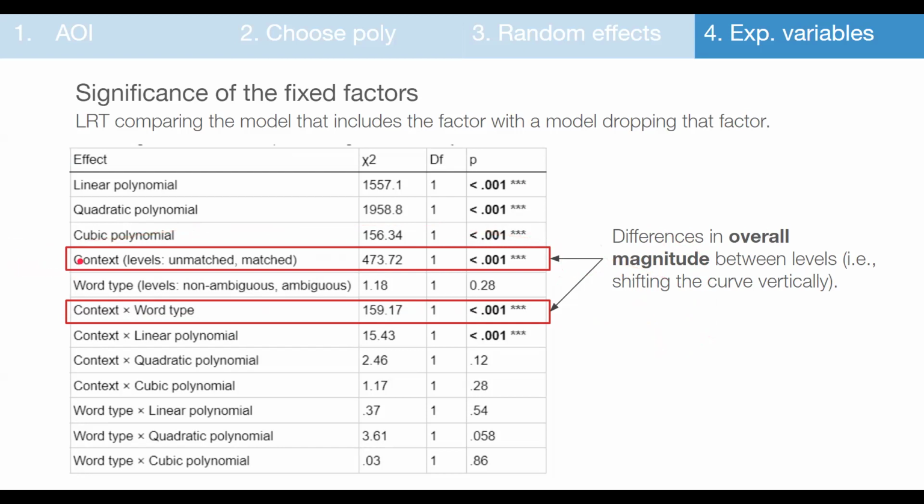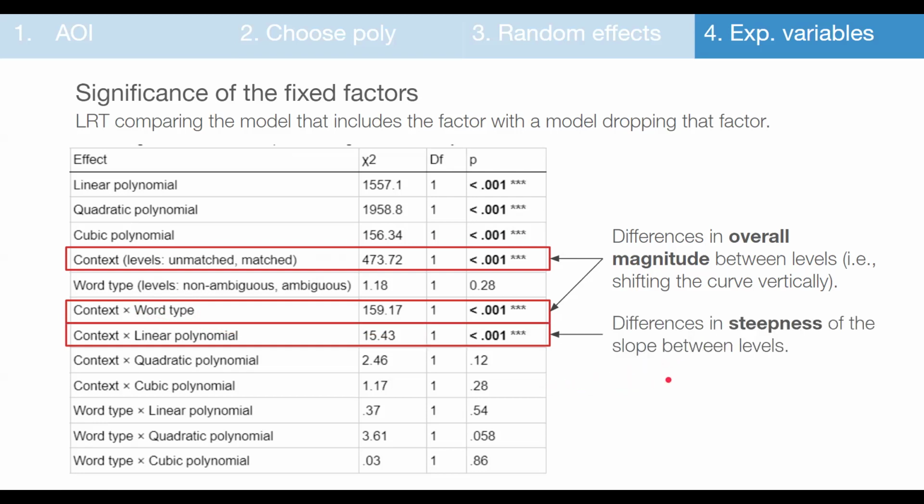So this tells us that there are differences in the overall mean between the levels of the context, and that this difference in the overall mean is different depending on the word type. So there's a significant interaction. We are not talking about the shape yet. This is just the overall mean.